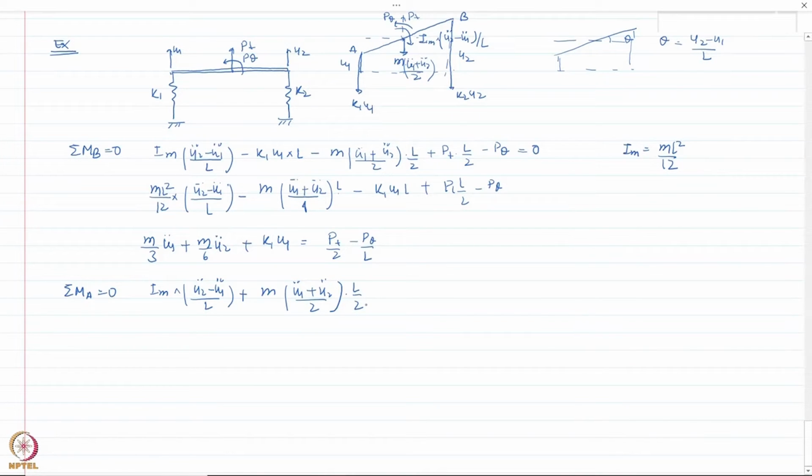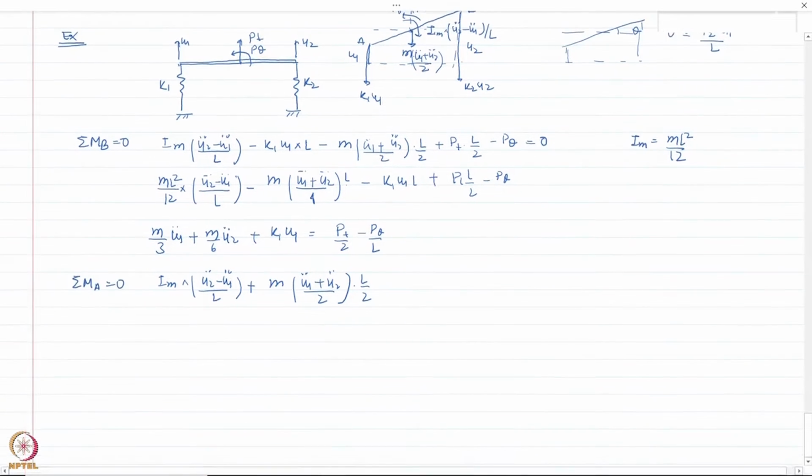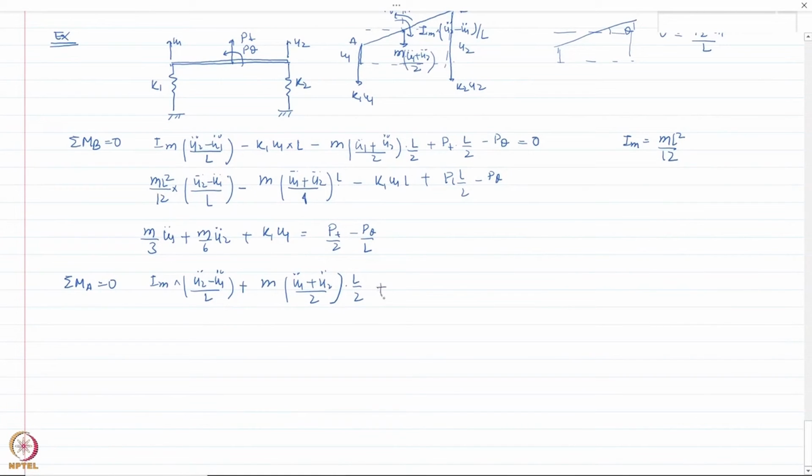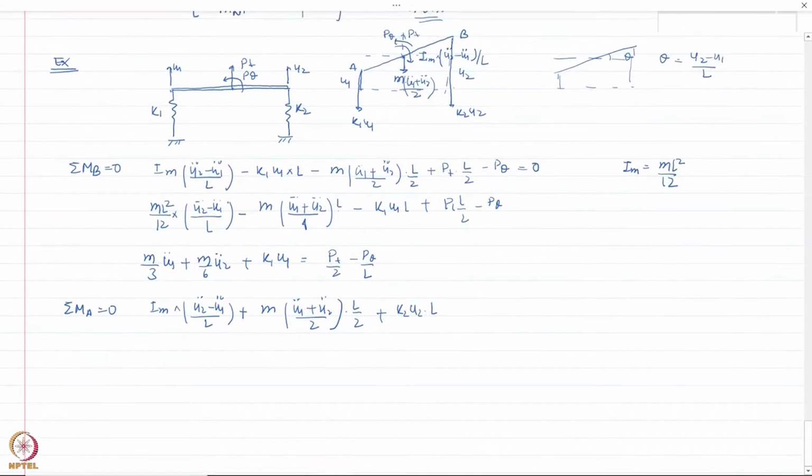Then I have k2 u2, which is again clockwise, times L, and then we have p theta, which is anti-clockwise, and pt, which is also creating an anti-clockwise moment.